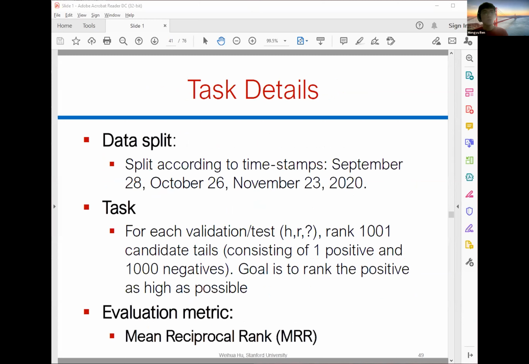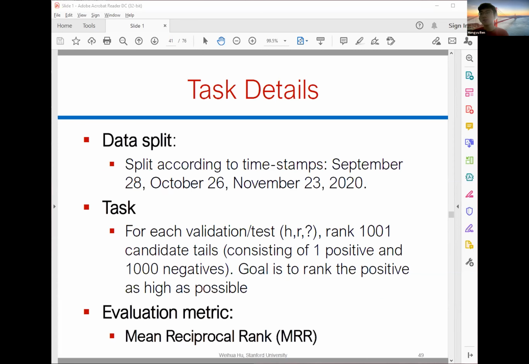Yeah, so specifically, we picked 3 timestamps in 2020 and used them to create the training, validation, and test split and test edges. For each validation and test edge, we provide 1,000 negative entities, which are uniformly selected from the graph, and also the one ground truth tail node.